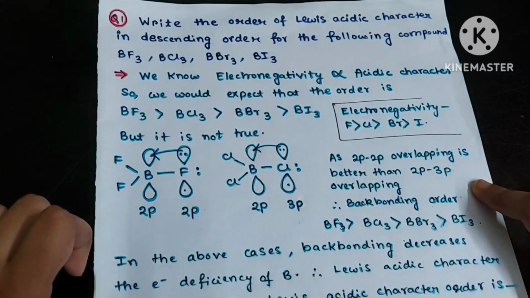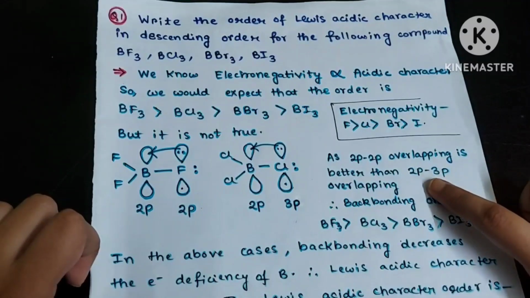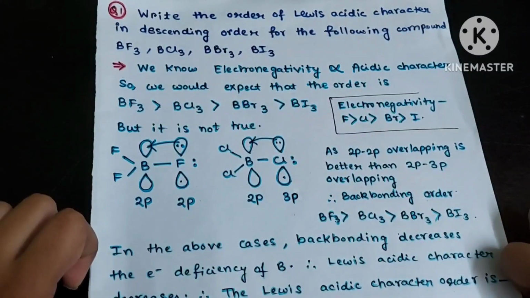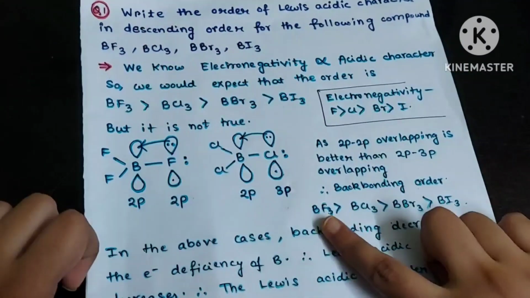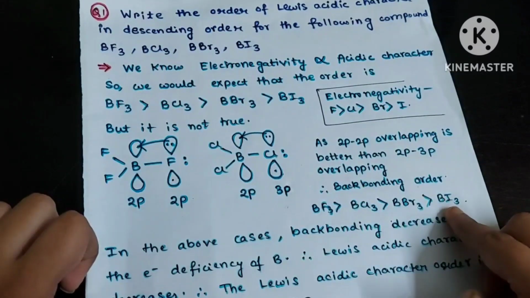Boron will not be electron deficient any longer. As 2p-2p overlapping is better than 2p-3p overlapping, therefore the back bonding order will be BF3 greater than BCl3 greater than BBr3 greater than BI3.